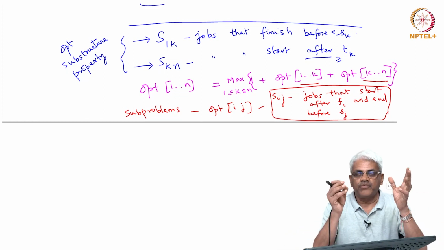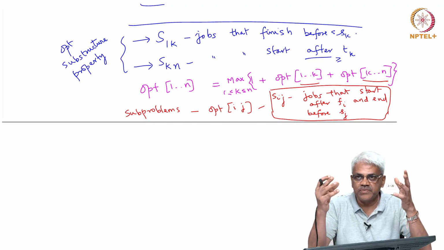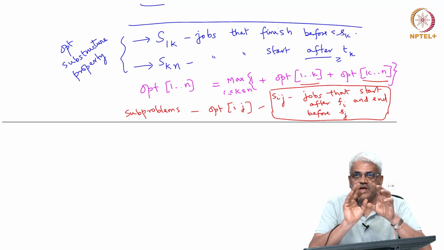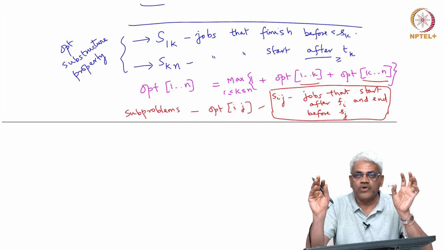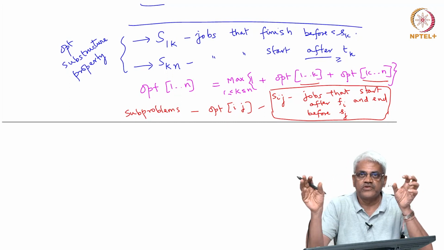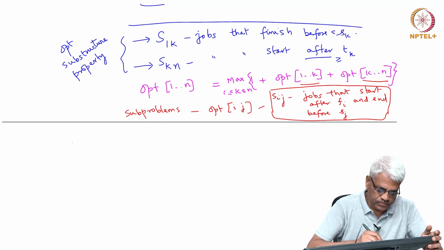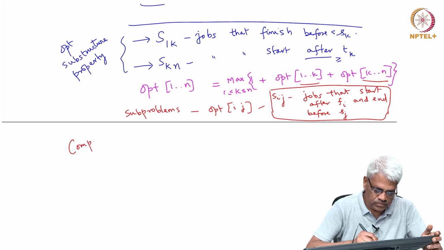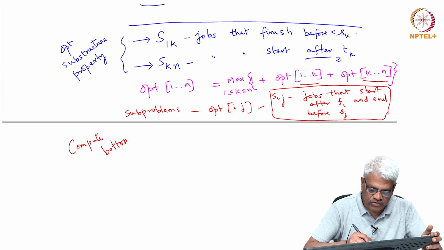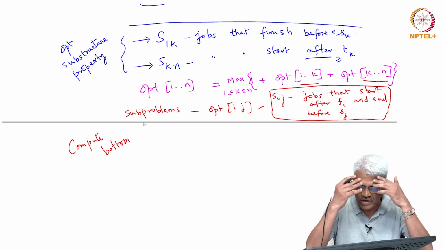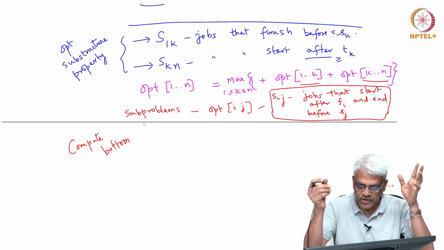So you have the sub problems: compute in this range what is the maximum you can do. How do you compute them? Well, you pick a guess in between, and then you have a couple of sub problems, and then 1 plus the opt of this and opt of this. Again you can compute bottom up, starting with intervals of length 1, where you just schedule that particular job, no problem with overlaps.